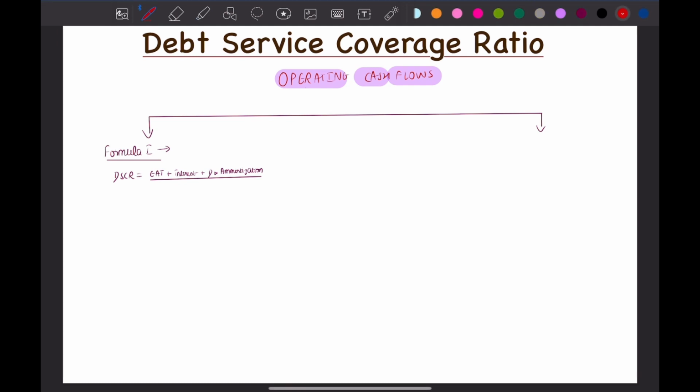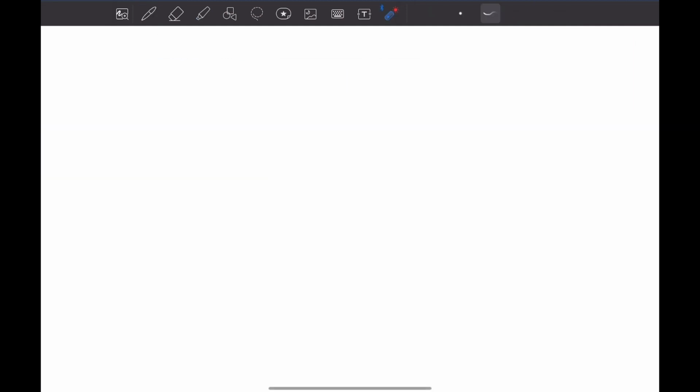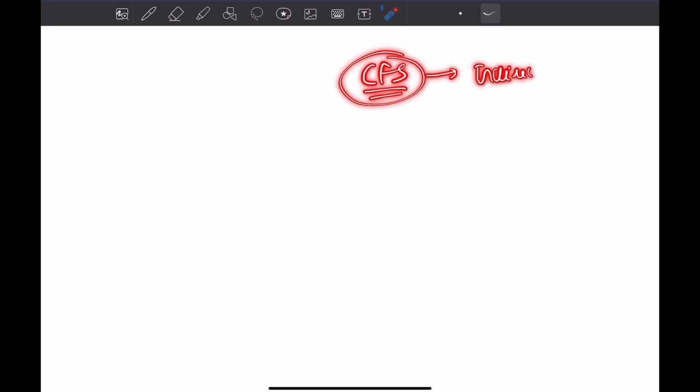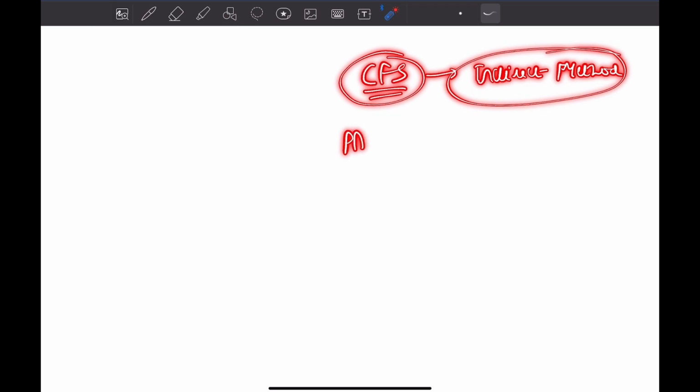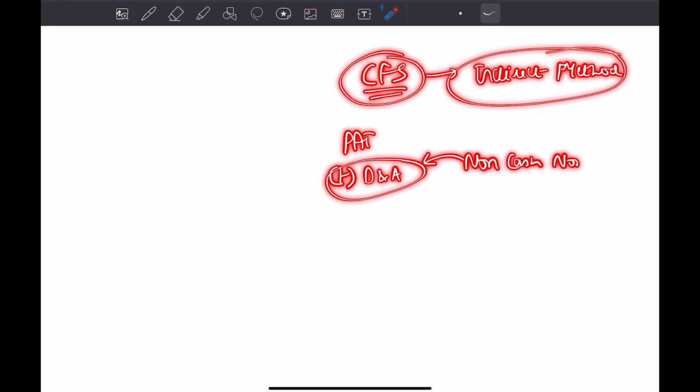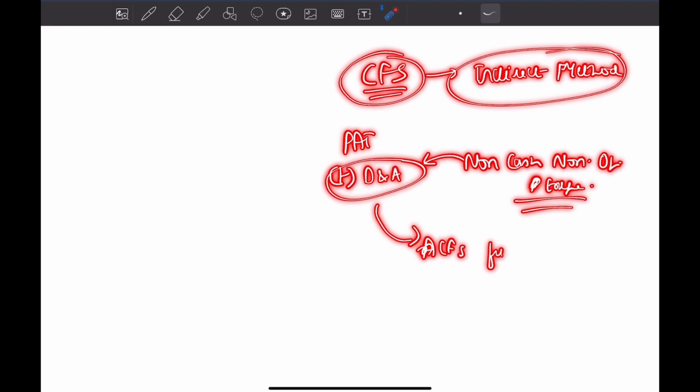I hope you must have studied the CFS, the cash flow statement, at some point in your life. Using the indirect method, we used to add depreciation and amortization under the category of non-cash, non-operating expenses, just to arrive at cash flows from operations.